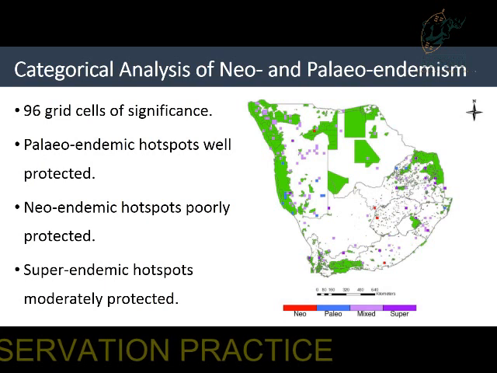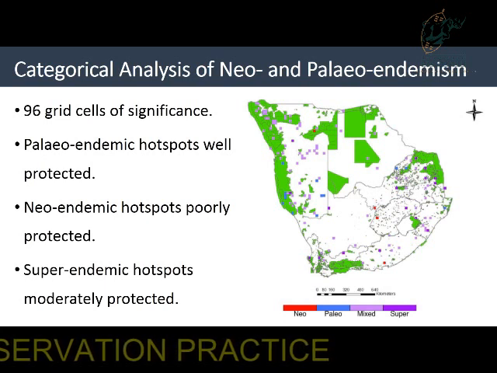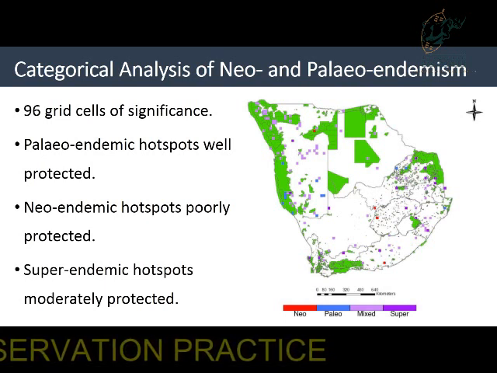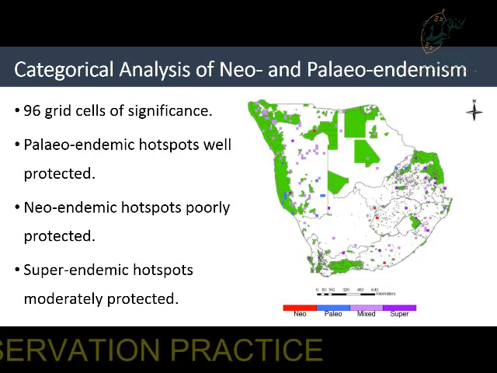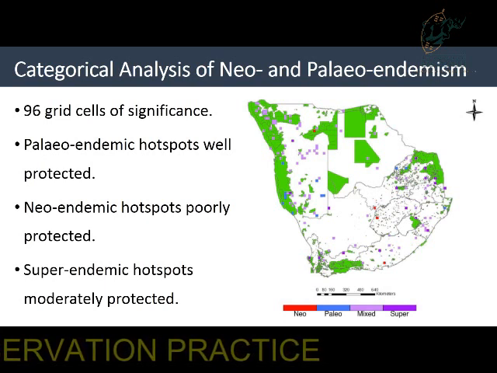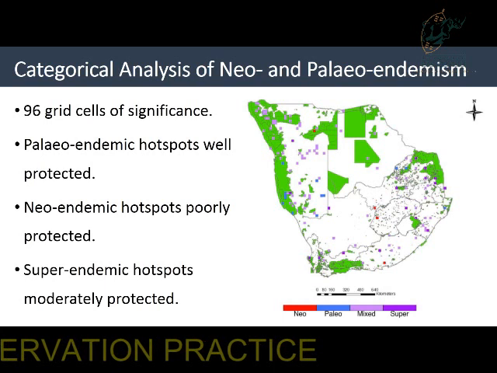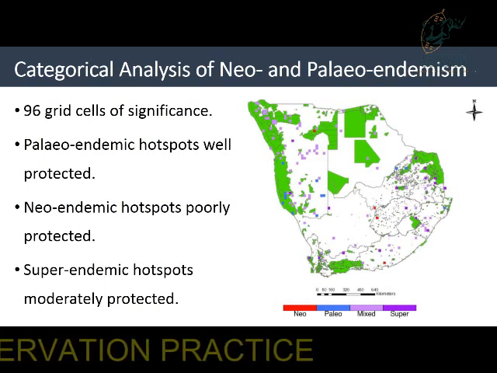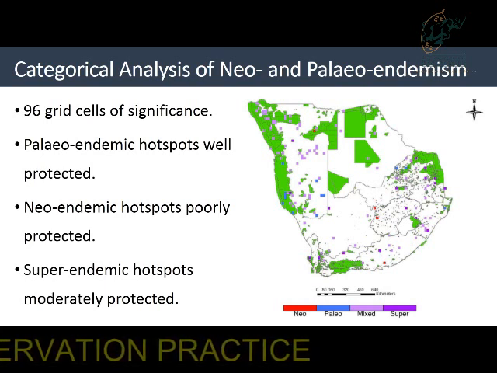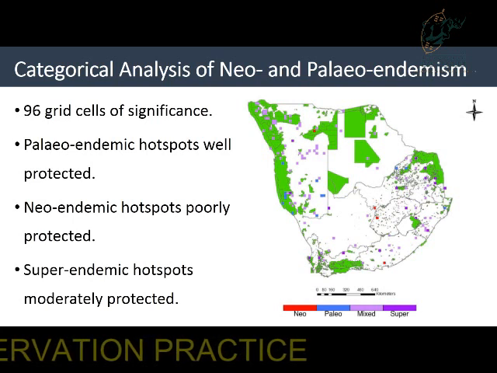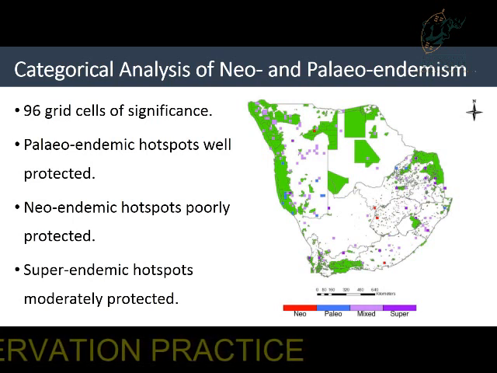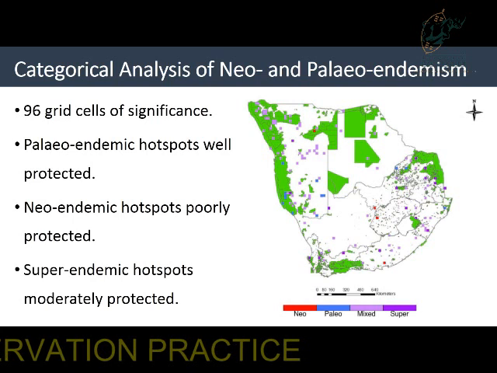In terms of protection, neo-endemic hotspots are poorly protected, with only 1 being protected in Namibia and the other 3 not falling within protected areas. And the super-endemic hotspots were moderately protected, with 8 out of the 15 falling within protected areas.